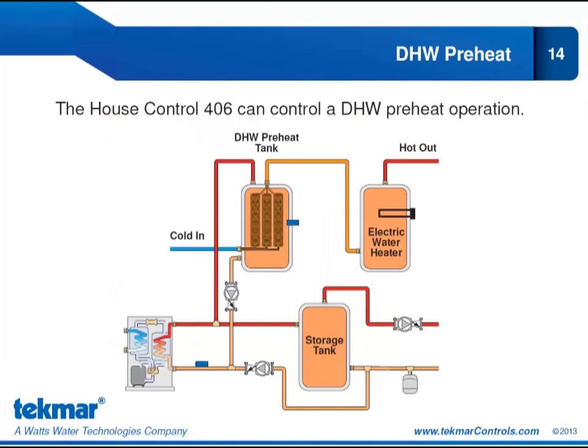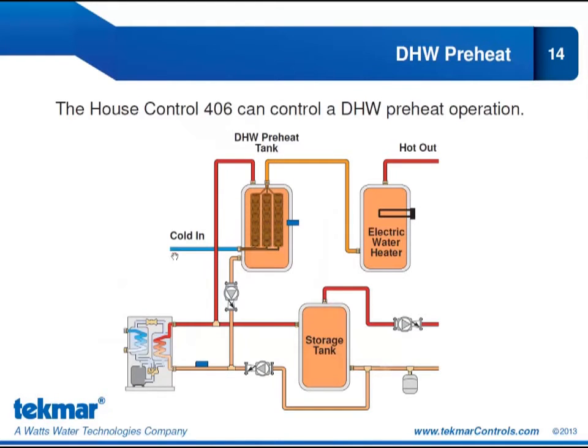The House Control 406 can control a domestic hot water preheat operation. So here we have a domestic hot water preheat tank that is piped off the heat pump supply to the storage tank. So we have our hot supply water coming up and going into this preheat tank.